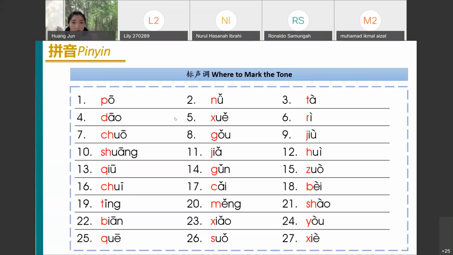Very good. If you have a question, it means you really thought about it. Once we discuss, you can remember it more clearly. So are there any other questions?